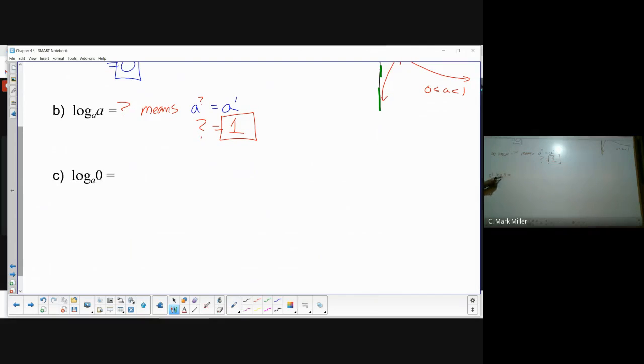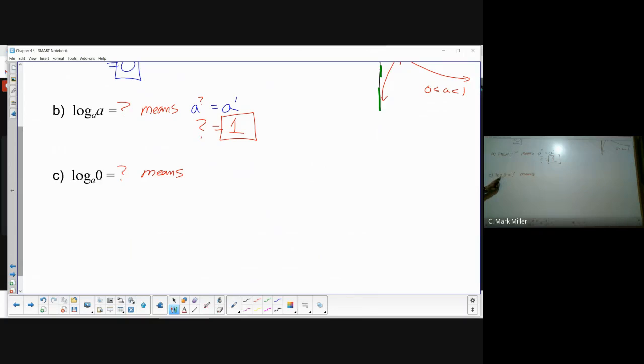Log base A of 0. What power do I have to raise A to get 0? So call this our unknown, question mark. This means, have you noticed how often we're going back to that definition of a logarithm? Y equals log base A of x means A to the y equals x. Over and over and over and over. But those are all reps on the machine. You'll understand them that way.